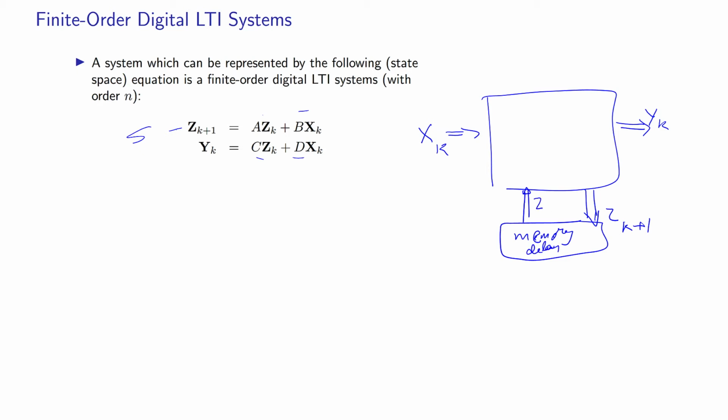And then here is Z of K. So you keep it for the next iteration, and then in each iteration. So how many memories are here, or the length of Z of K, is called the order of the system.